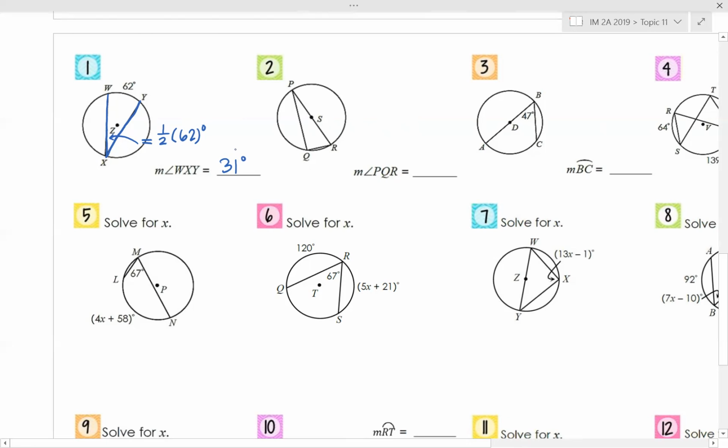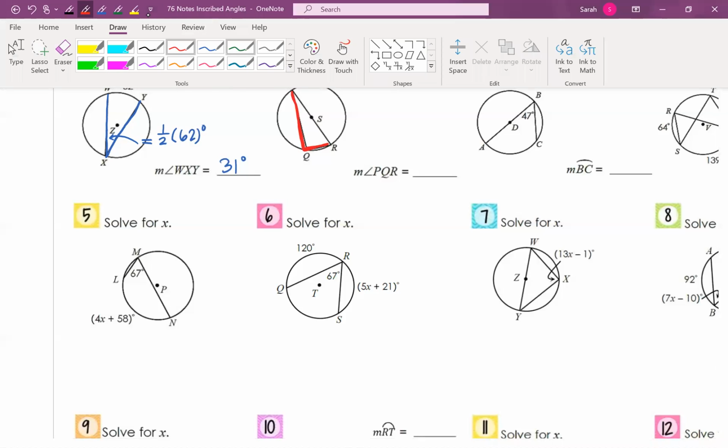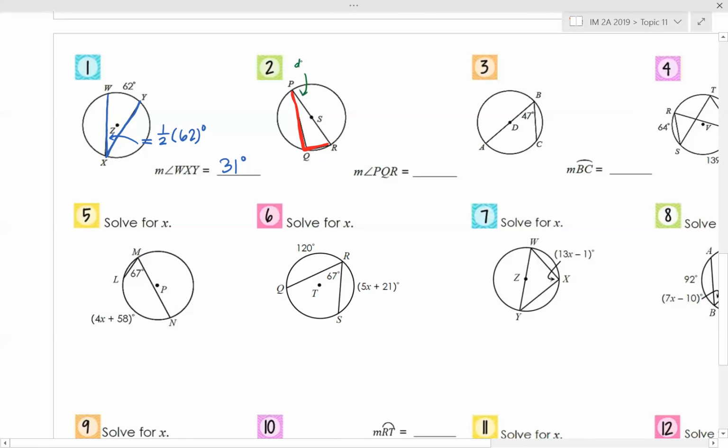Okay, so 2, we have an inscribed angle. It's actually kind of turned into a triangle. And so what we're looking for here is angle PQR. So angle PQR is this angle here. One thing to notice is that because PR is the diameter, that means that the measure of arc PR is 180.